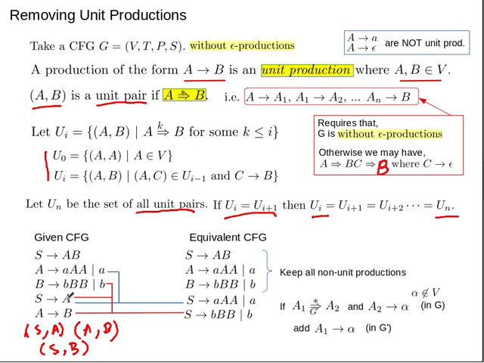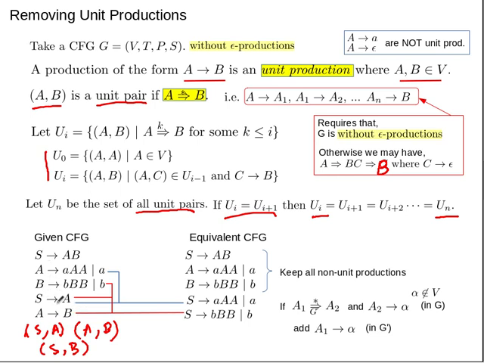This A can just stay A because ultimately we are talking about the language. We want to keep the language intact, and without changing the language, we are trying to remove these unit productions.